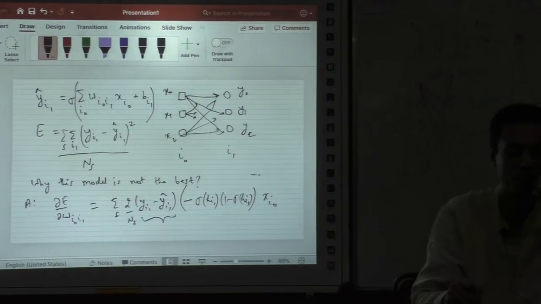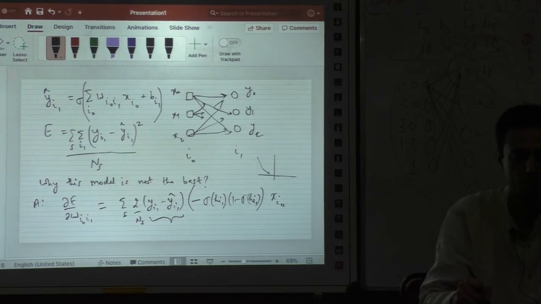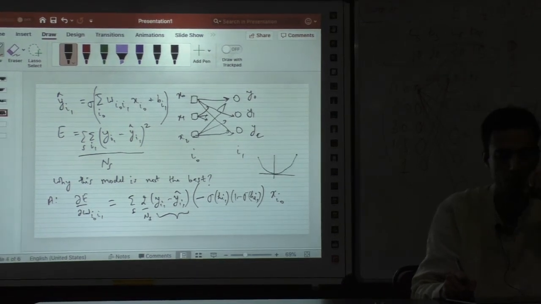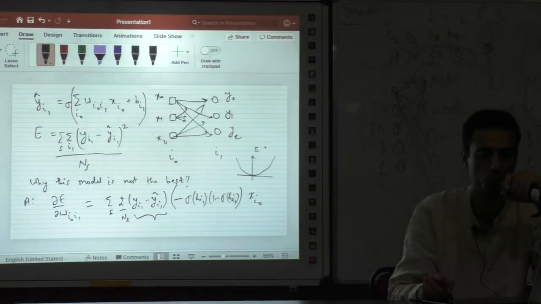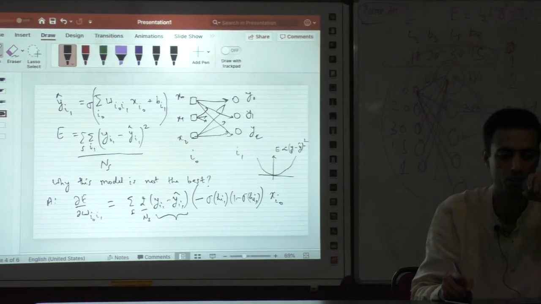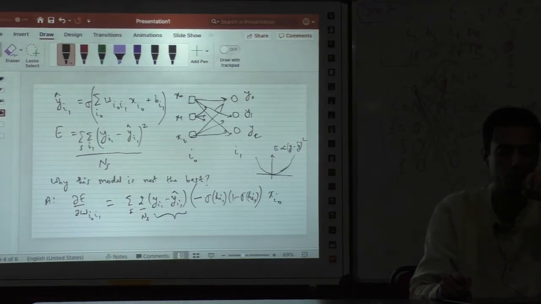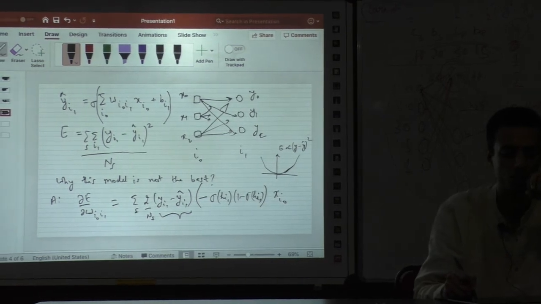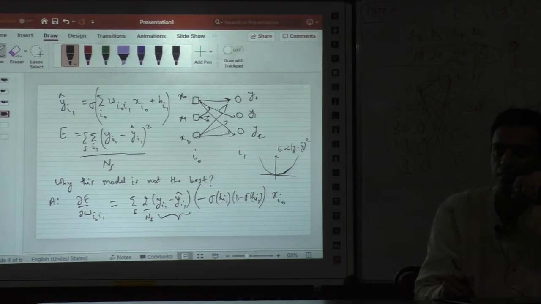You remember your parabola, this is your error, which is proportional to (y minus y hat) squared. As your y minus y hat is reducing and you are going closer to zero, your slope is reducing significantly, right?